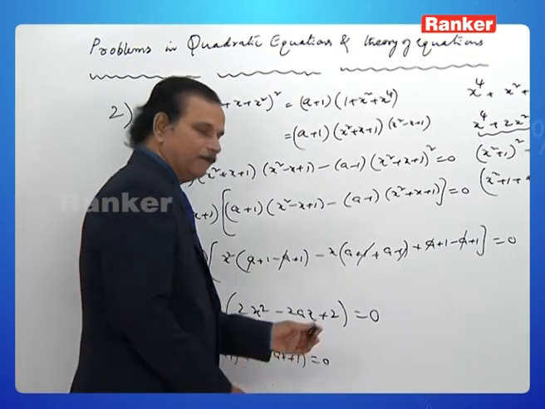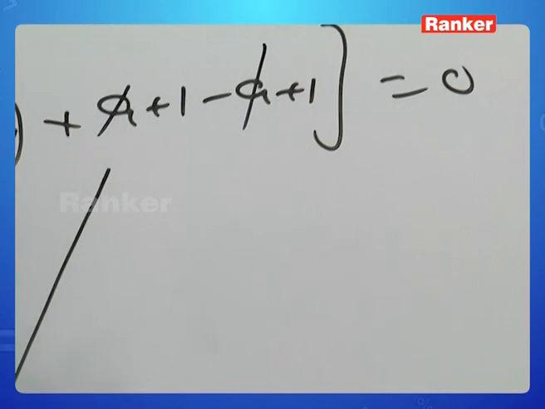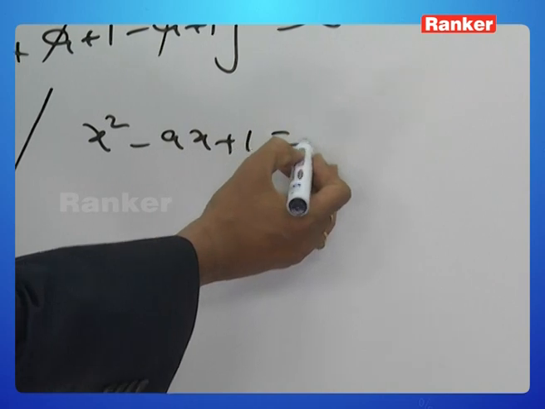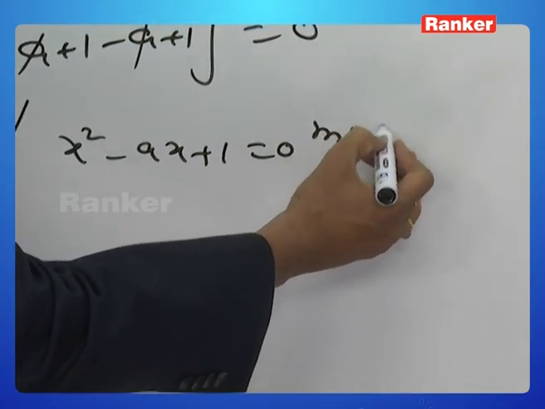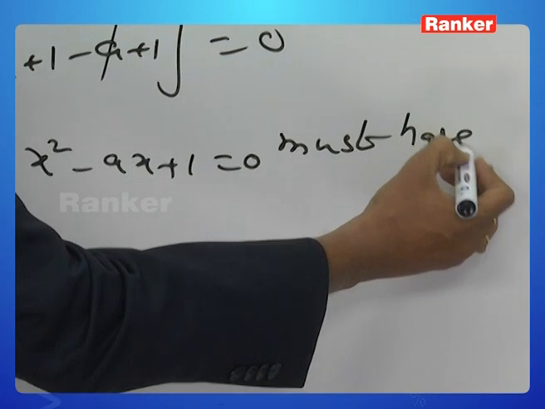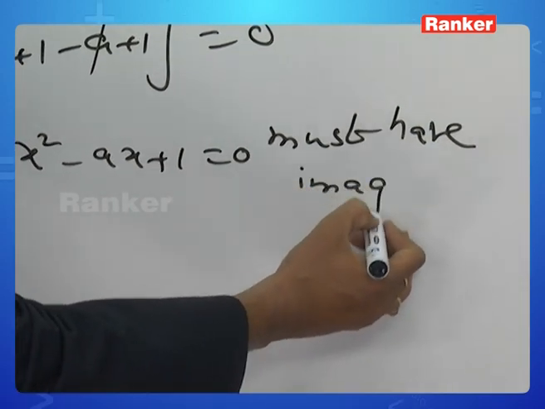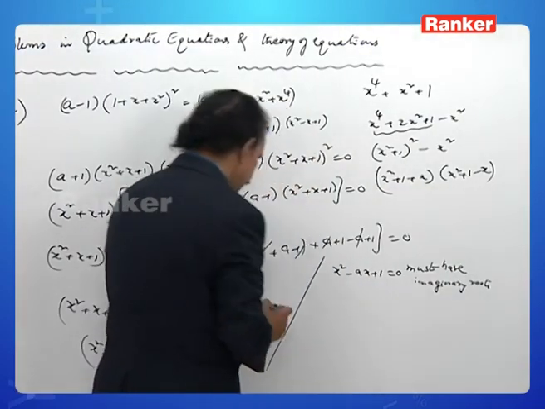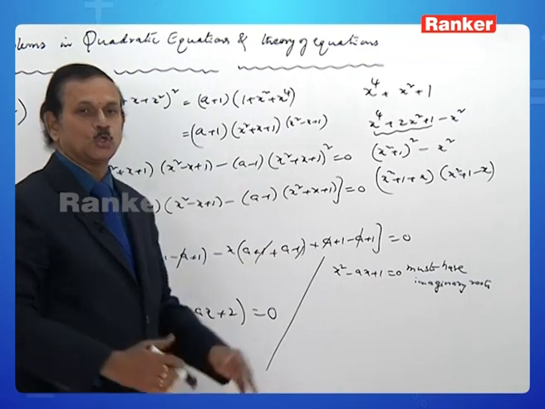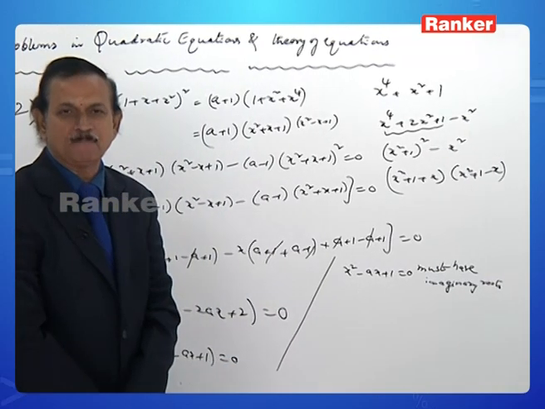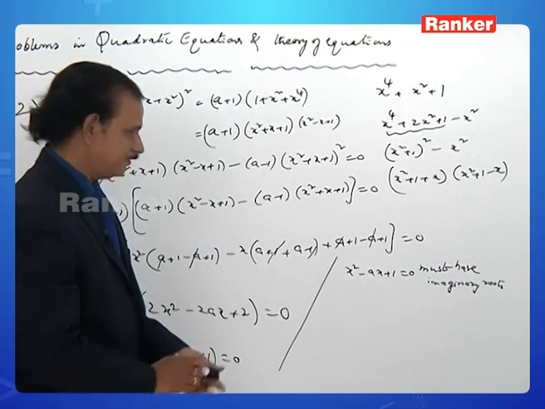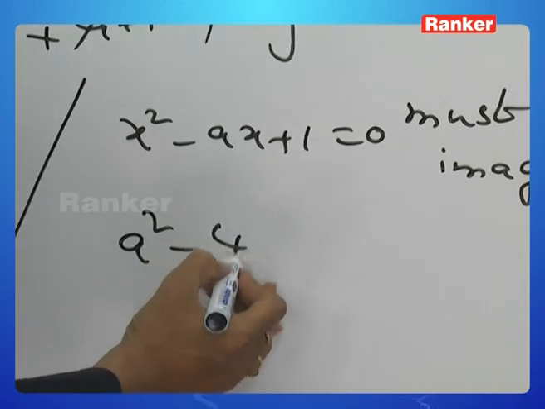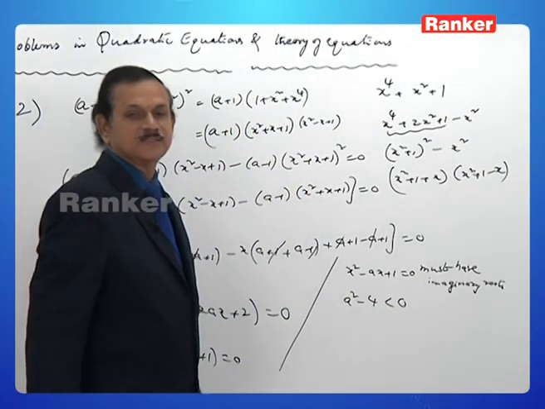So what is the basic requirement now? We require x square minus ax plus 1 is equal to 0 to have imaginary roots. For this equation to have imaginary roots, what should happen? Discriminant must be less than 0. What is the discriminant here? b square minus 4ac must be less than 0.